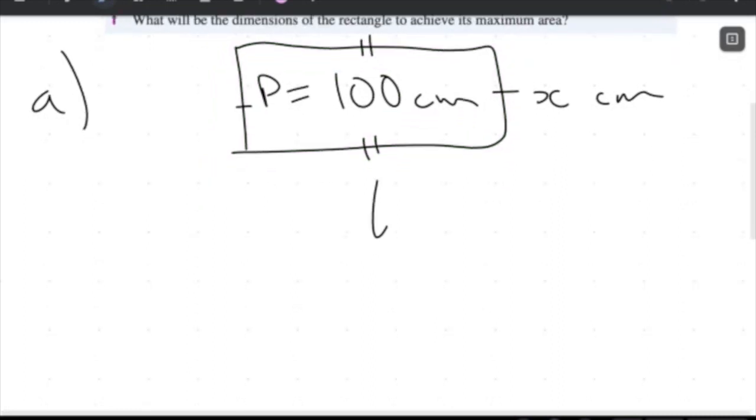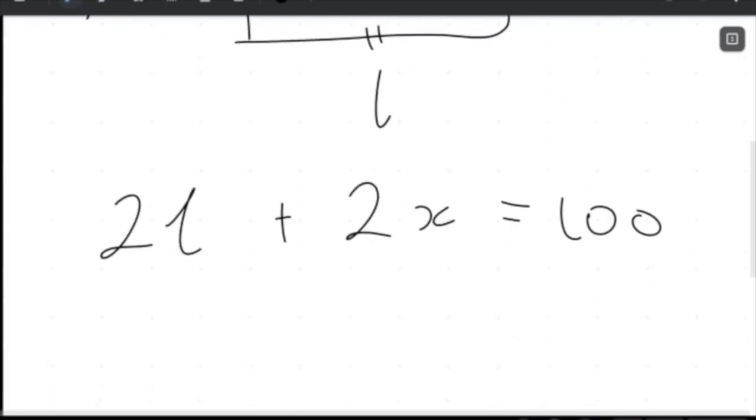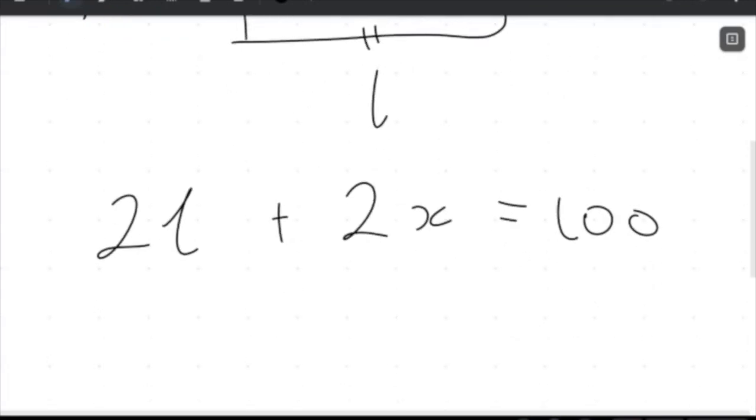So we know that two lots of my length plus two lots of my breadth X equal 100. So now we want an expression for the length L.